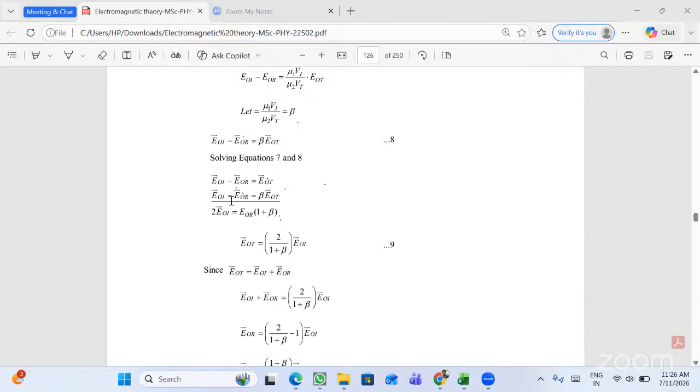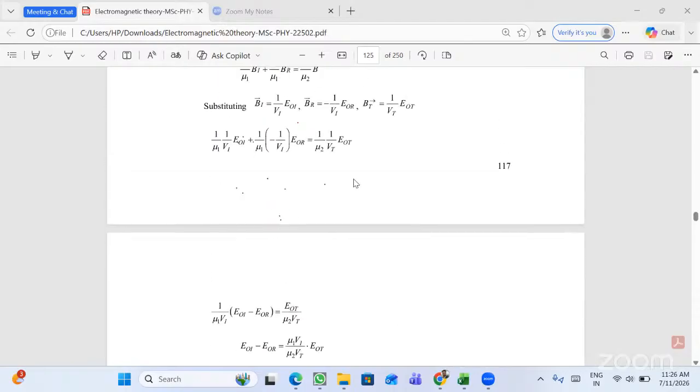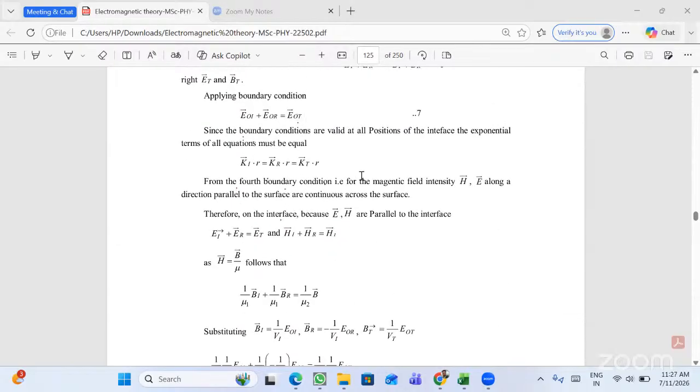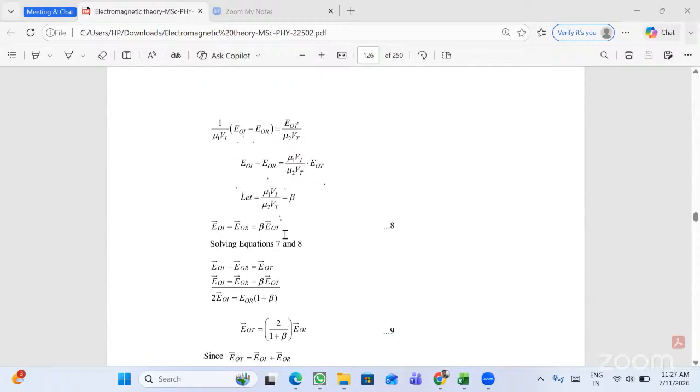This is equation 7, whichever we have got here, that is E naught I plus E naught R is equal to E naught T, and equation 8 is the same in terms of beta.